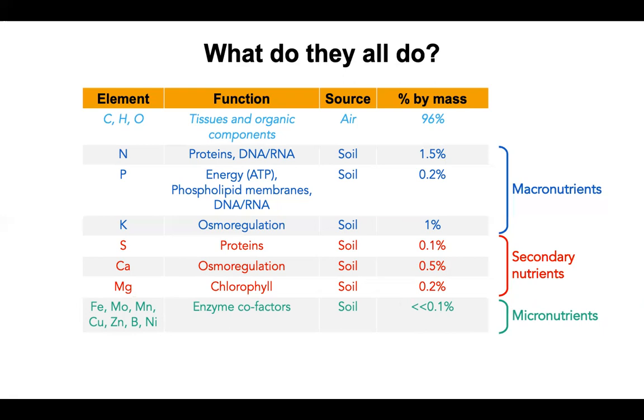If enzymes and the substrates they catalyze are a lock and key, these cofactors help make sure that the key of an enzyme fits into the lock of those substrates. They make sure that all the things line up and make those enzyme reactions go much faster. They're catalysts. So this is what all of these different nutrients do, and they all help the plants to complete their life cycle.